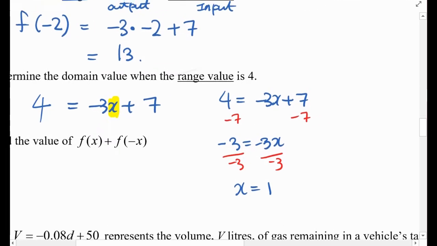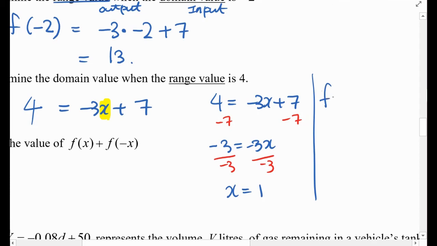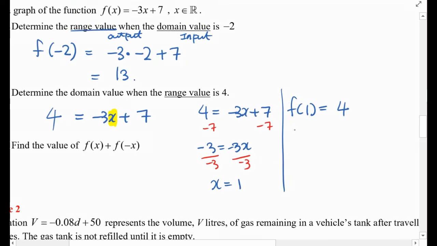So when x is 1, the range value becomes 4. Let's check it. We know f of x equals negative 3x plus 7. So let's plug 1 into x, then that becomes negative 3 times 1 plus 7, which is 4. So it's a correct answer.